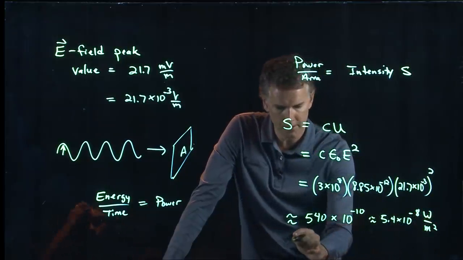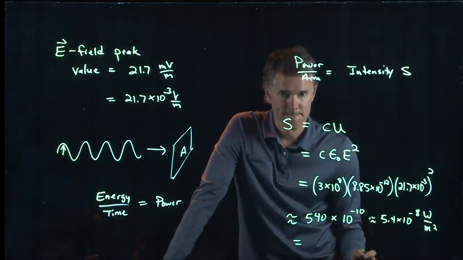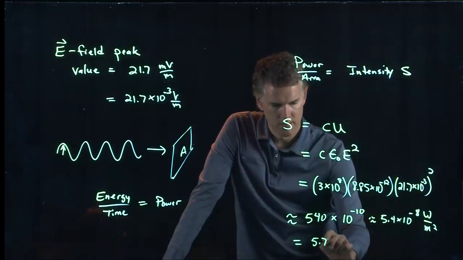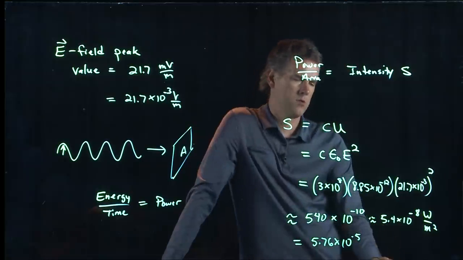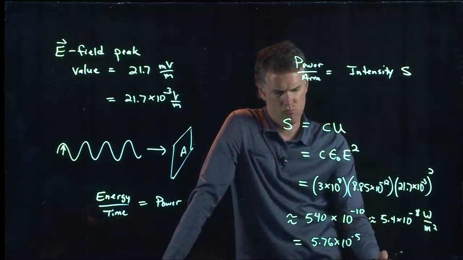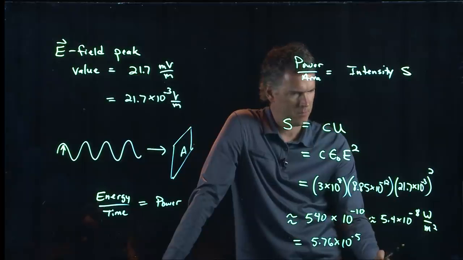Did anybody punch this into your calculator and get a real answer? What'd you get? 5.76 times 10 to the negative 5. Okay. What did I do wrong? Anybody see where I went wrong here?